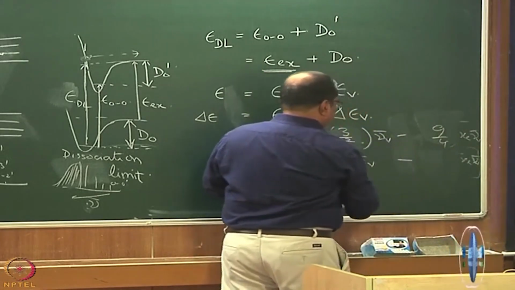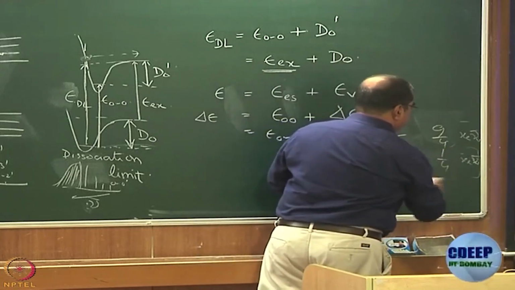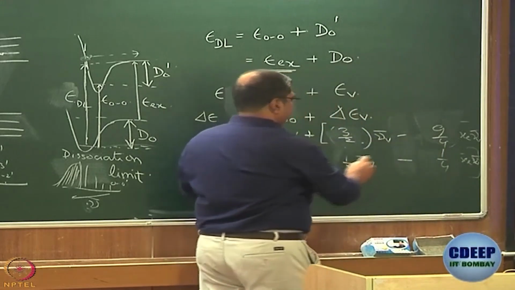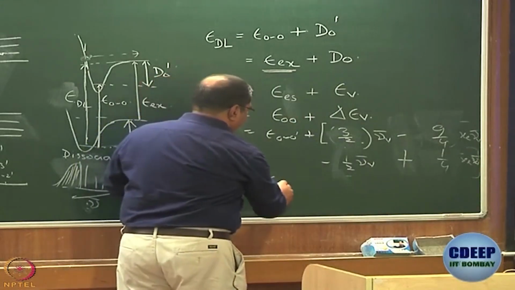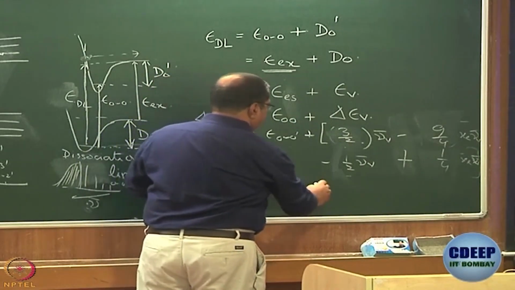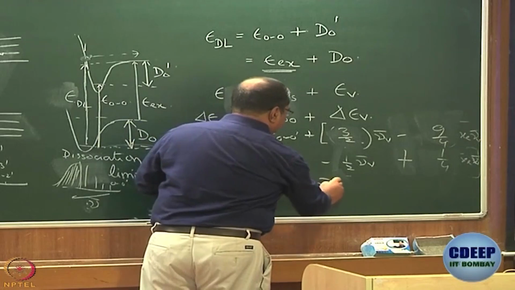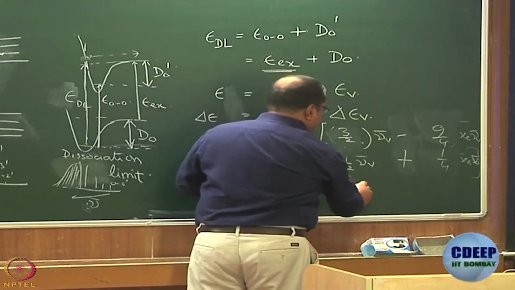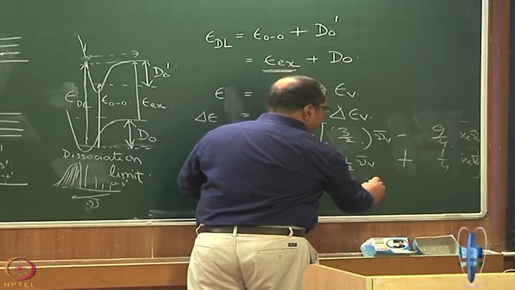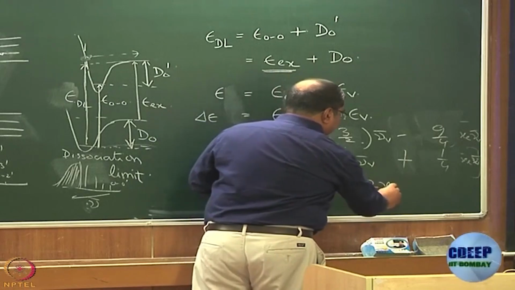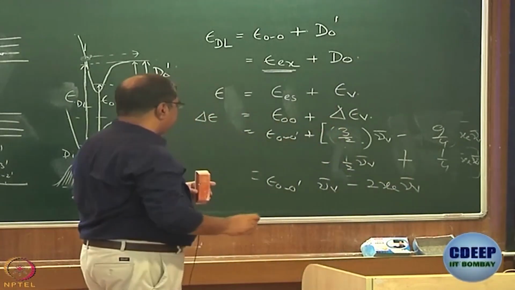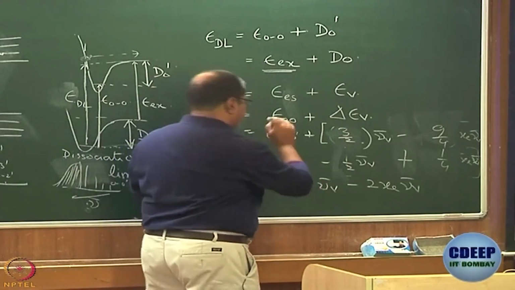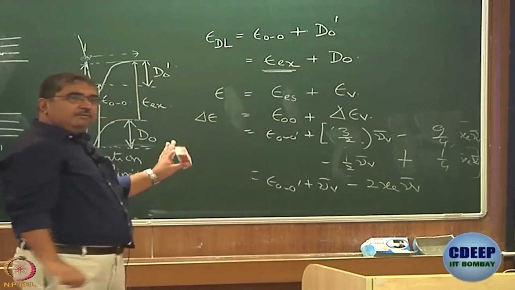Maybe I will open the bracket 1/4. What do I get then? Nu bar V minus 2 Xc nu bar V. Are we okay with this?